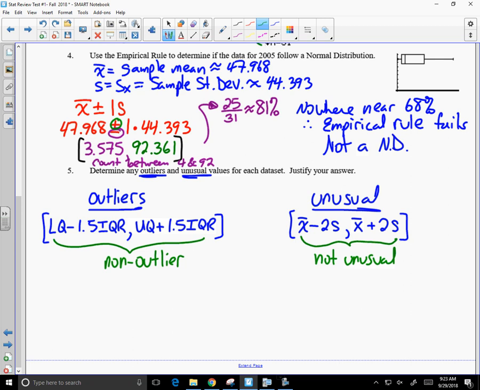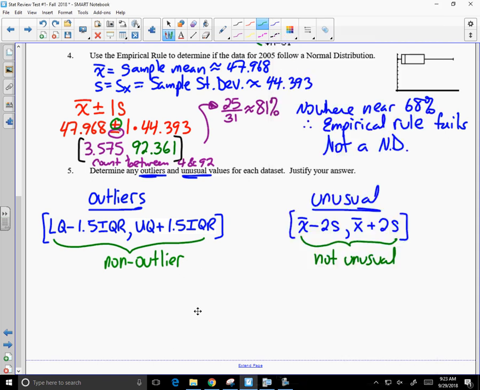Outside of those intervals would be where you get your outliers and unusual values. All right, try to give something for everybody. But the outlier approach, if you find yourself using this formula on the test, you've already failed. No, it's not really that bad, but you're probably allocating your resources the wrong way.